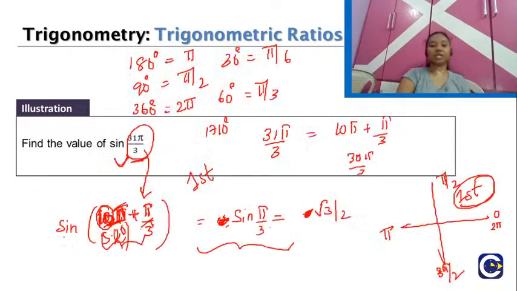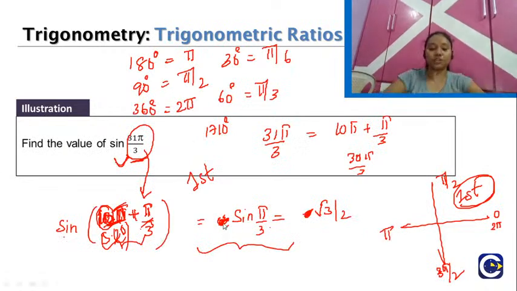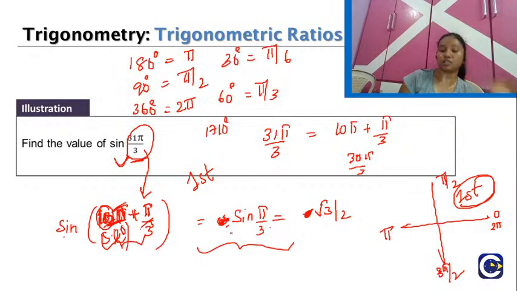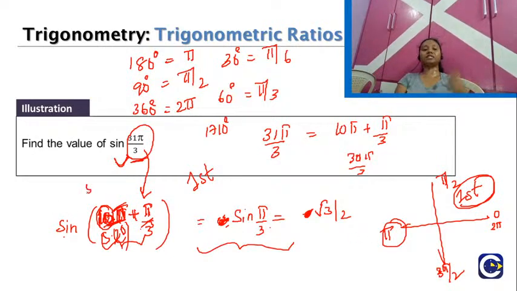So I'll just clear one issue here. The major mistake we make is in deciding whether we have to write in terms of 360 or 180. That's the priority. First we'll check for 360. If not, we'll check with our 180. The confusion here is that if it is an even number, then you can directly go to 360 degrees, that is 2 pi.